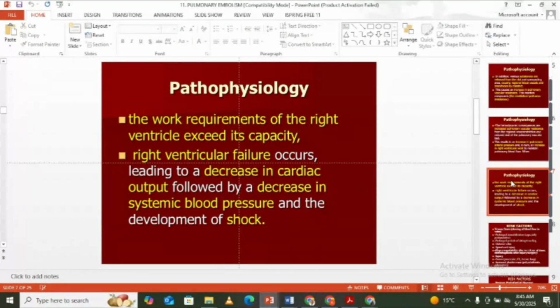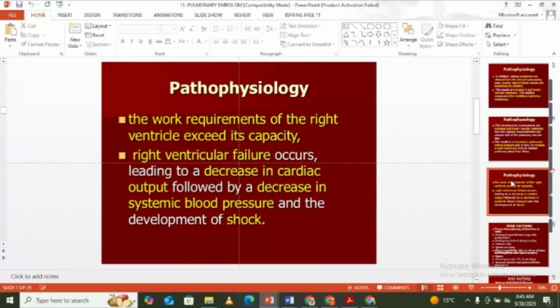Because remember, blood comes into the right ventricle, goes to the pulmonary artery, gets into the lungs, is oxygenated, comes into the left ventricle as it goes into the body.